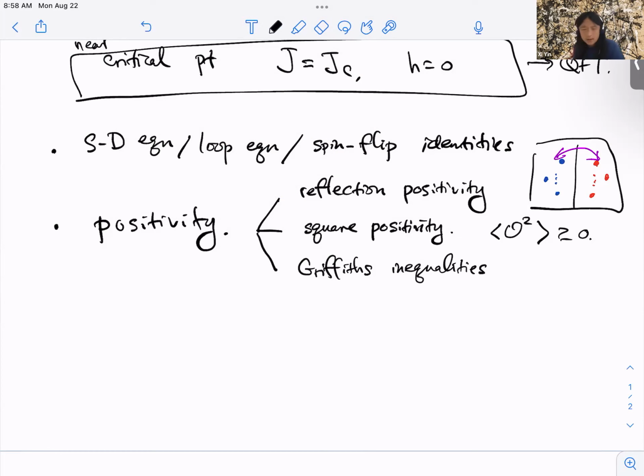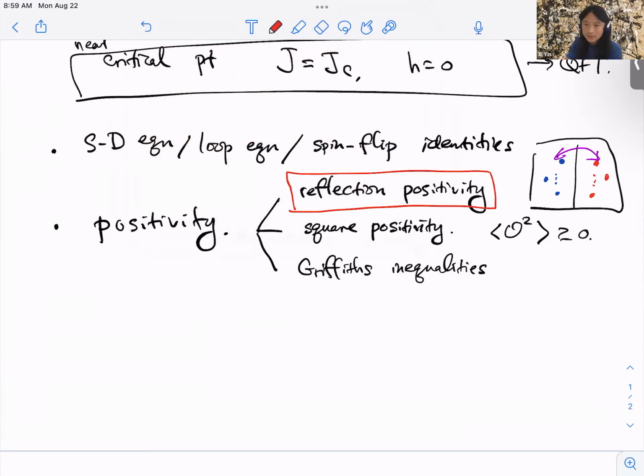And I should say that these are by no means the only known inequalities. There are many other inequalities that people have derived from the Ising model. But my guess is that these other inequalities, if you implement them, might improve the efficiency or the convergence of the numerics. My conjecture would be that reflection positivity is actually all you need. So reflection positivity is the most essential one in our analysis so far.